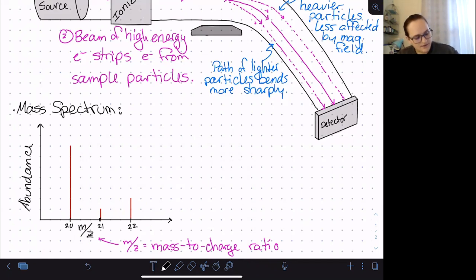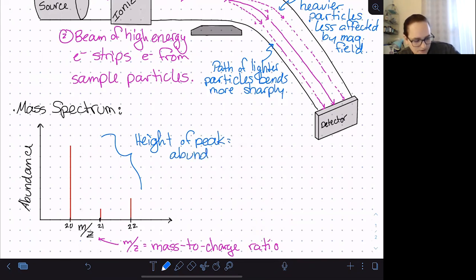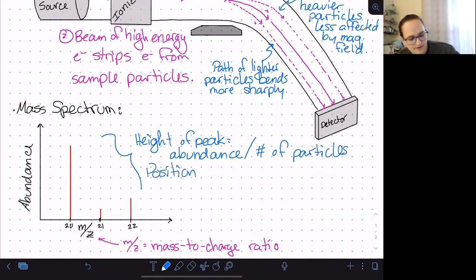But we have these different peaks of different heights. So the height of the peak is our abundance, or our number of particles, or is relative to our number of particles of that mass. And the position on the x-axis is the mass of the particle, is how we're interpreting this.